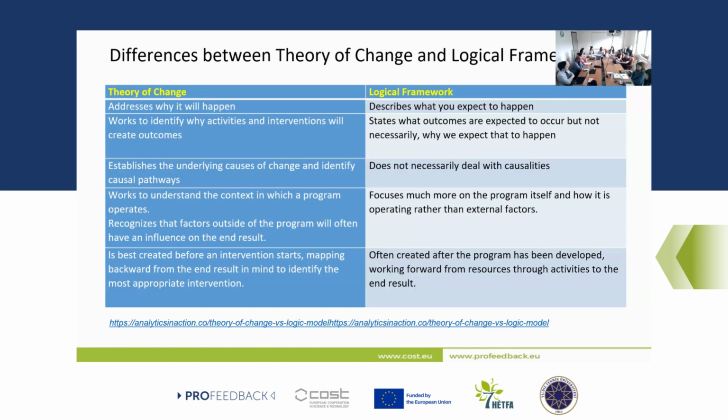The approach is different because in the theory of change, you will not follow the pathway of objectives, results, impact. It's the difference in how you make the pathway. In theory of change you have the problem, then the impact, and then you create outcomes, outputs, activities, and so on.